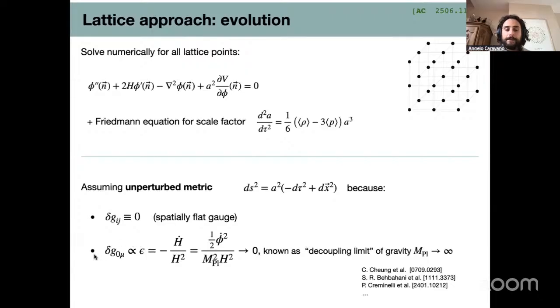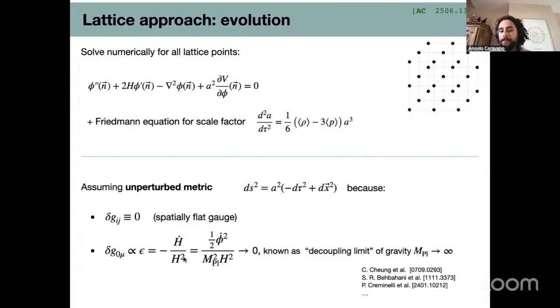And typically, these are the non-dynamical components in GR, and during inflation these are slow-roll suppressed. And actually, setting these components to zero is exact in a well-defined limit, which is called the decoupling limit of gravity, in which whatever field dynamics you have is decoupled from the gravitational interactions.